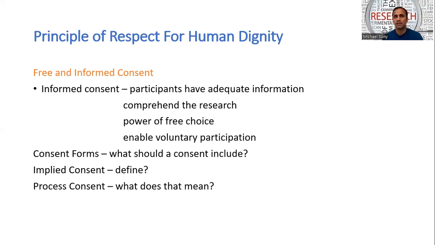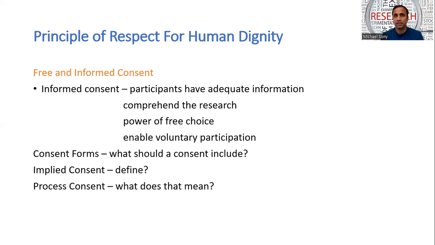Third is process consent. It is very important in a qualitative study, wherein we ask the participant at every stage whether they consent to carry out the study. Take for instance, you are subjecting a participant to some particular images.